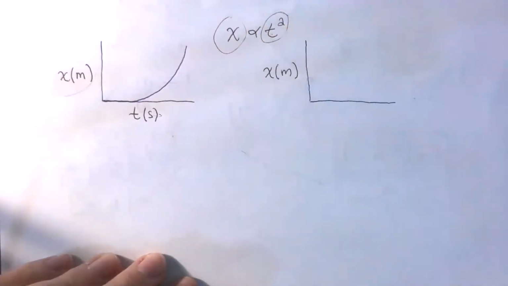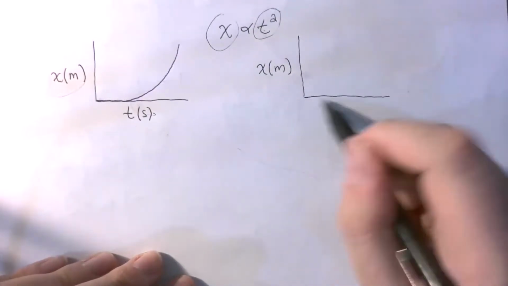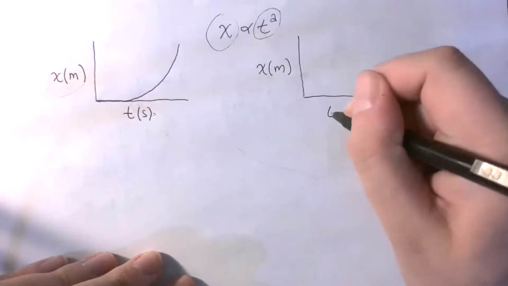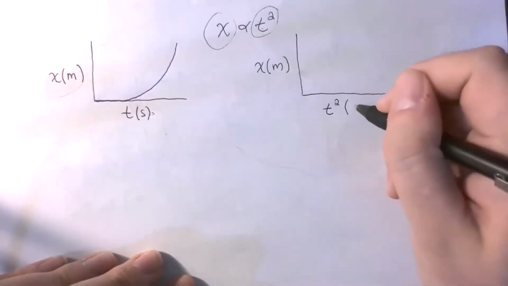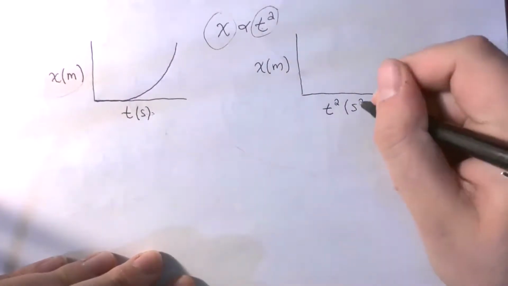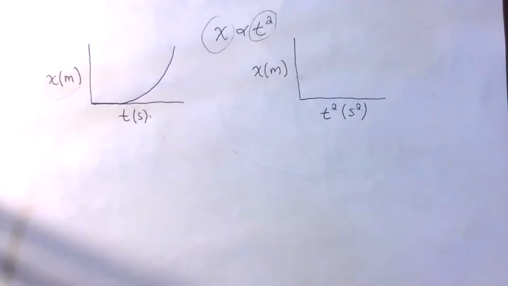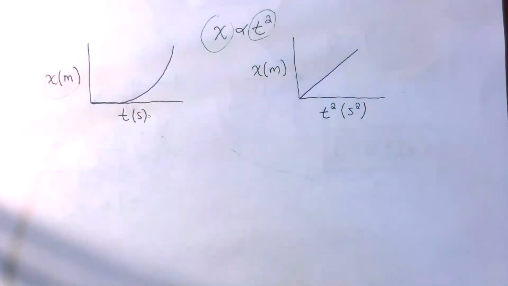It'll still be x in meters, but my list on the horizontal axis will change from t to t squared. So that means that the units for t squared change as well. I go from seconds to now seconds squared. And the hope is that I can produce a straight line from that graph.